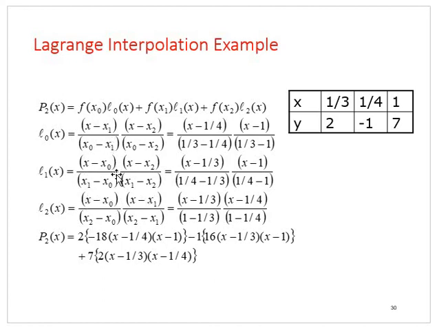So that's how you master this formula. Here you don't have x2. x2 will only appear in your denominator. This is x2 minus x0, x2 minus x1. And then this one will be x1 minus x0, x1 minus x2.